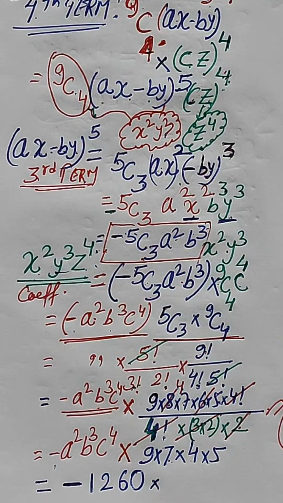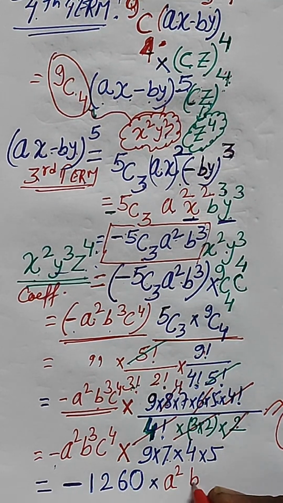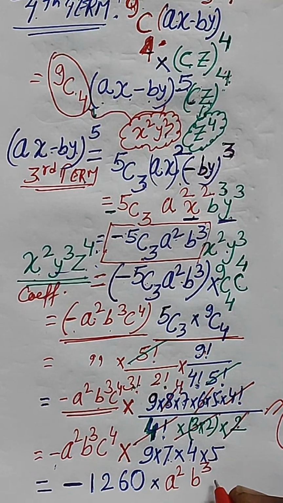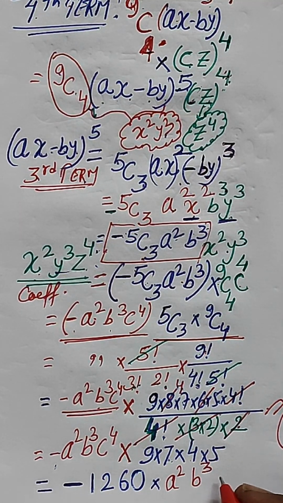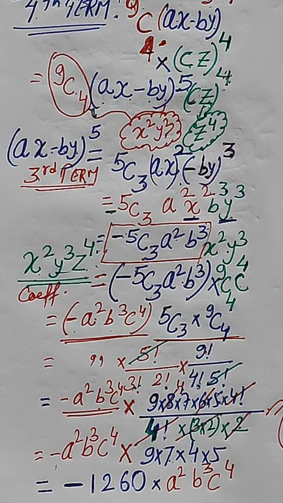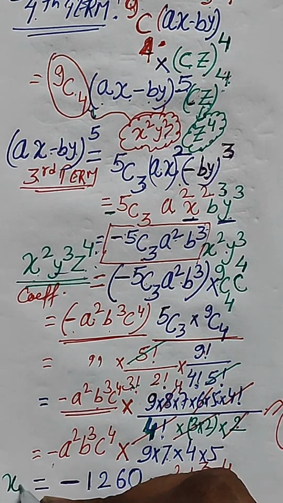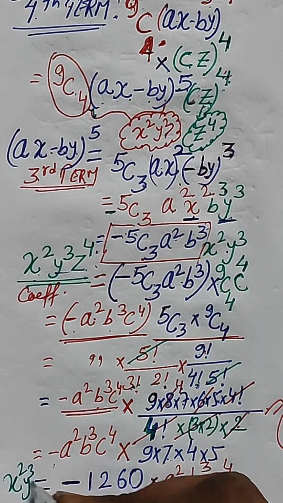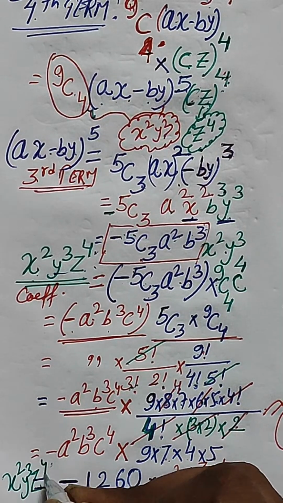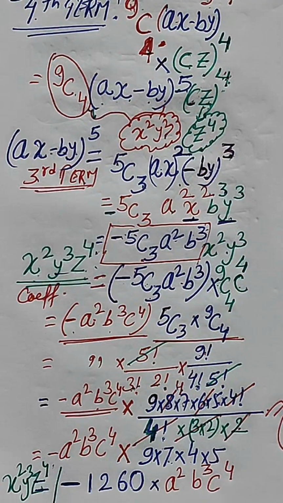Multiplied by a square b cube c4. So this is the coefficient of x square y cube z4. This is the coefficient of which one?